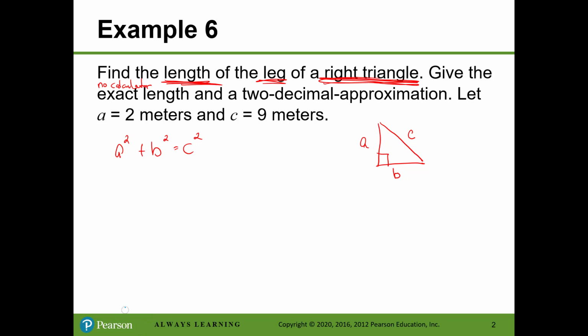So they said A is 2 meters and C is 9 meters. So when we go and plug these into our formula, we'll have 2 squared plus b squared equals 9 squared.